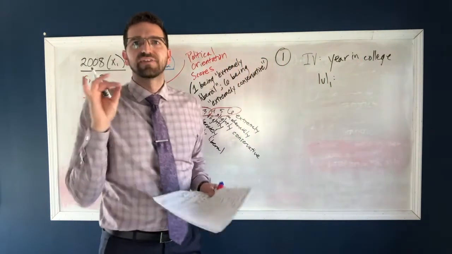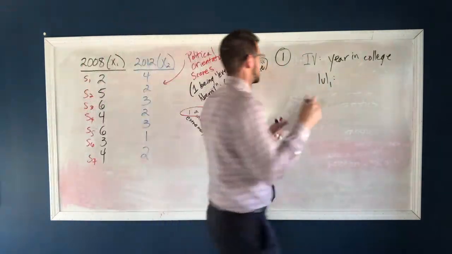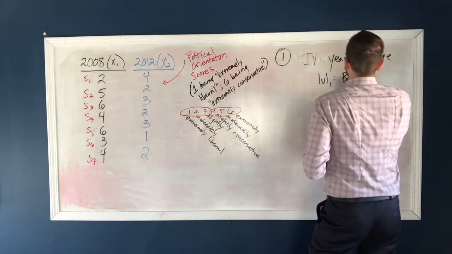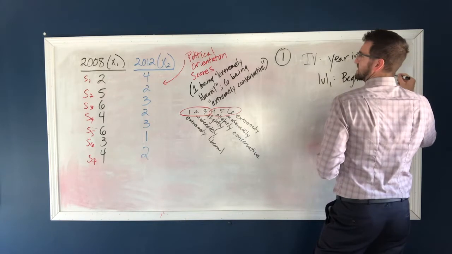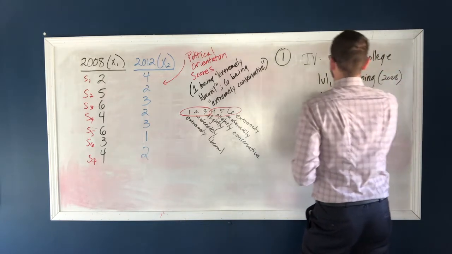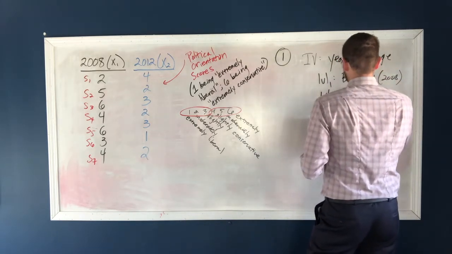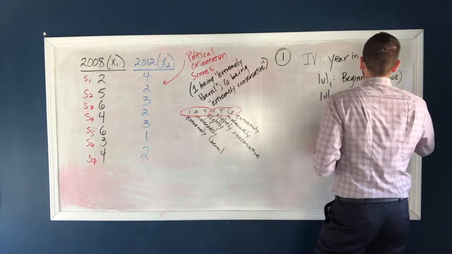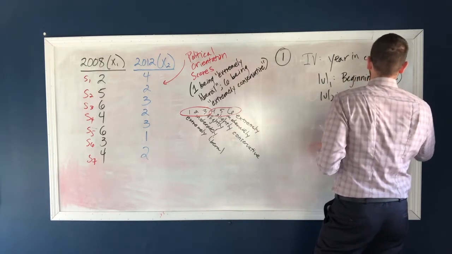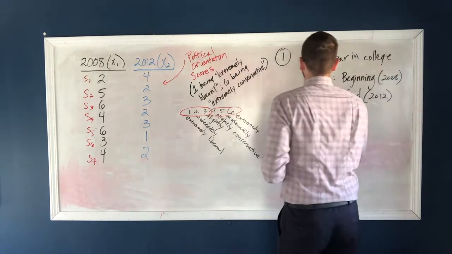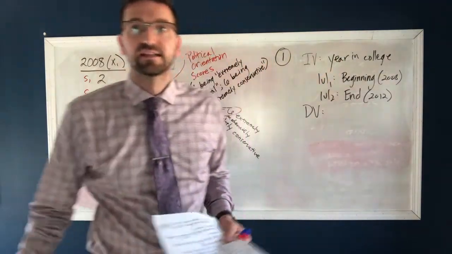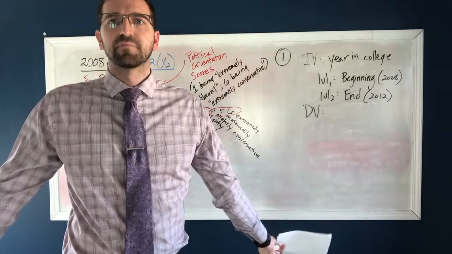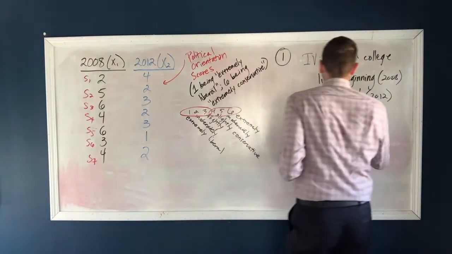Level 1, or group 1, is going to be at the beginning of college, which is 2008. Level 2 is at the end of college, which is 2012. And the dependent variable, or DV, is going to be what? What is everyone being measured on? Political orientation.